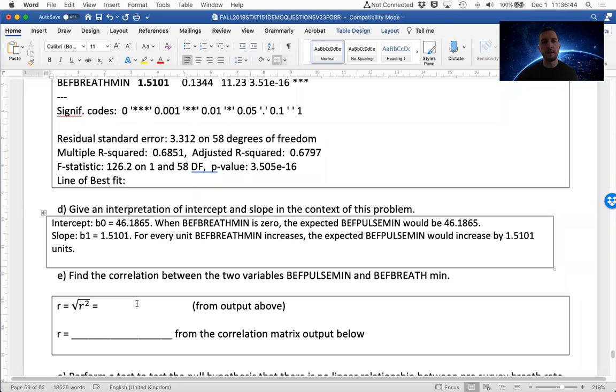Okay, find the correlation between Beth pulse min and Beth breath min. So correlation is equal to the square root of r squared.